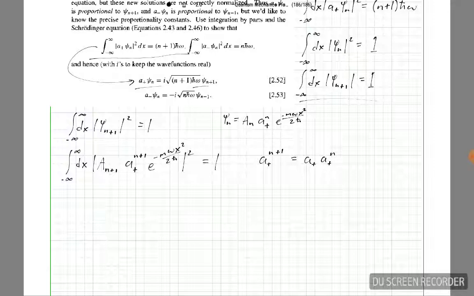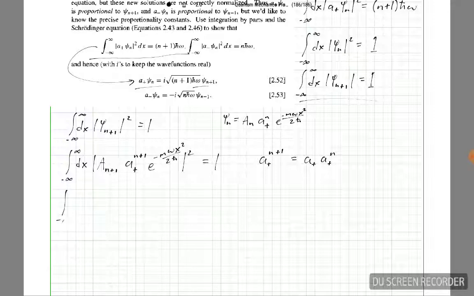Now, the normalization constant, capital A n plus 1, is a constant. I kind of gave that one away. So this operator that takes a derivative with respect to x, it doesn't matter what order I put the operator and the constant in.